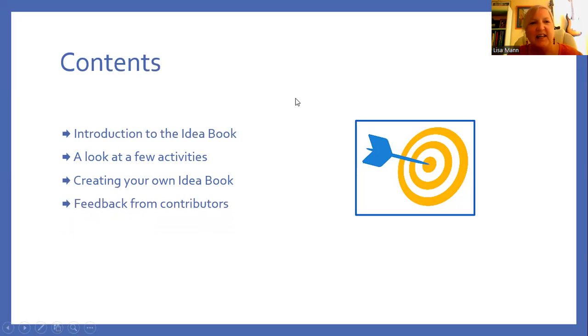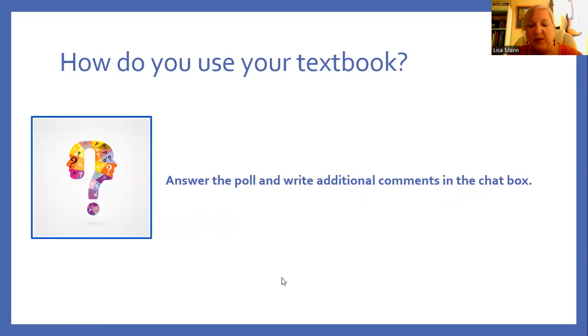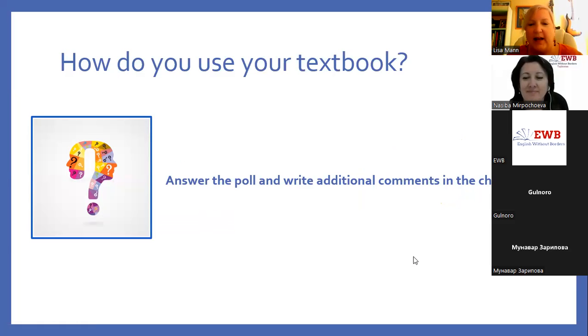All right, so let's start with a little poll so I can find out a little bit more about how you typically use your textbook. The idea book is a companion piece to Tajik secondary school, public school English language textbooks.